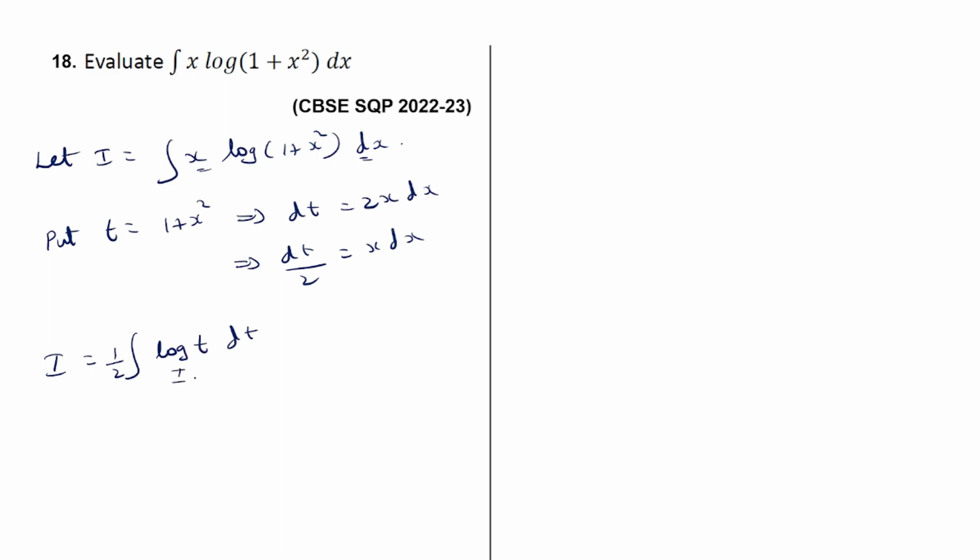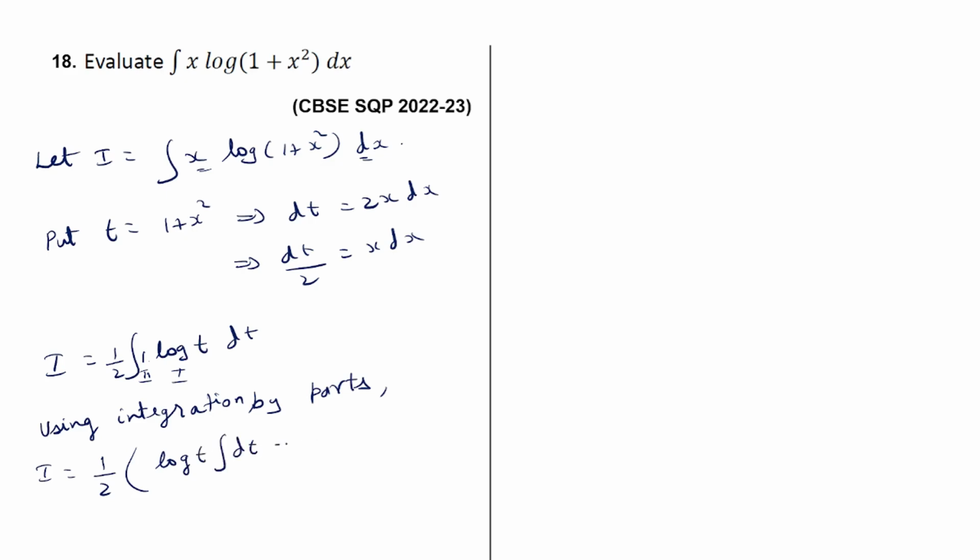Let us take this log t as the first function and 1 as the second function. Using integration by parts, the given integral becomes half into first function into integral of the second function minus integral derivative of the first function into integral of the second function dt plus c.